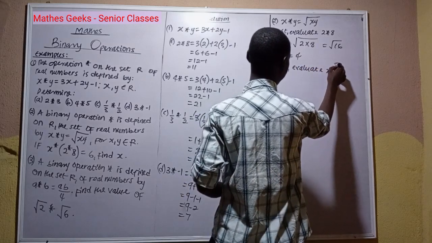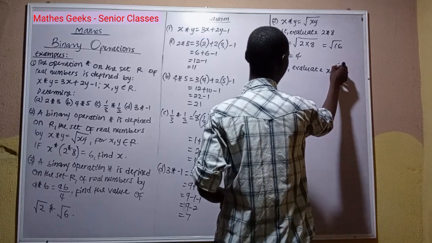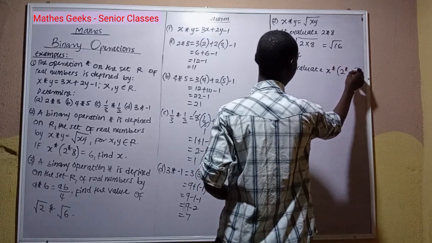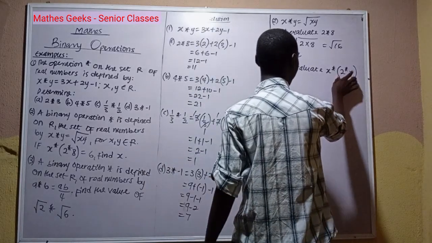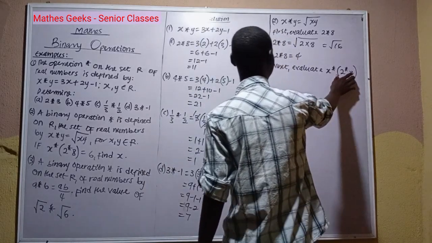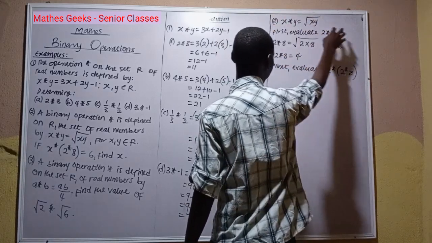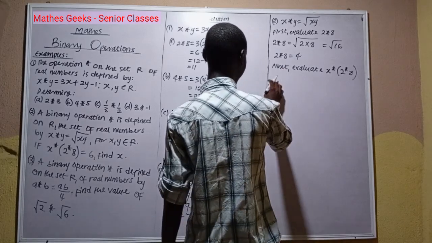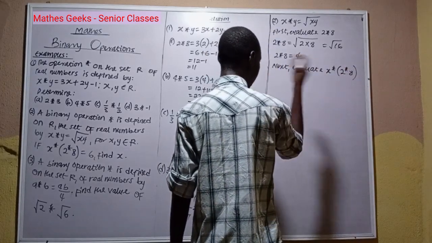Next, evaluate x star 2 star 8. After getting the value for 2 star 8, I'm going to treat this bracket as a single unit, which is y from our rule of combination. Then x is x here. Remember the value of this unit is 4, so it's going to be x star 4.